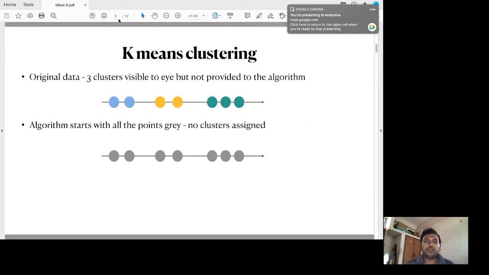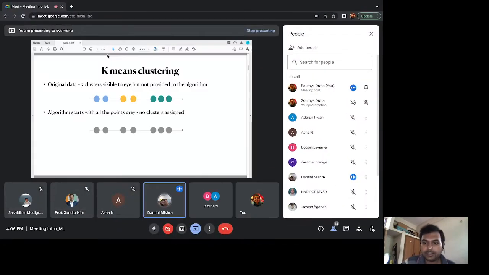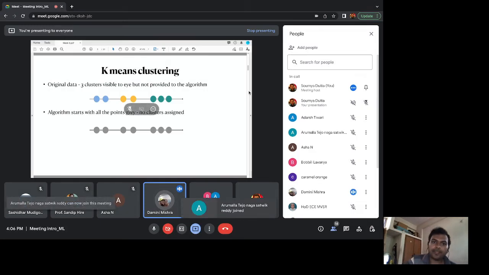Okay, so how to go about it? Actually, I was asking, in soft clustering, the particular point belongs to both clusters. That is the basic difference between hard and soft clustering.